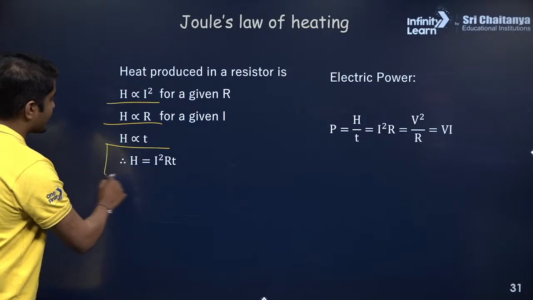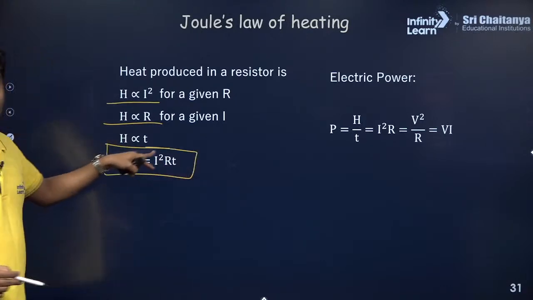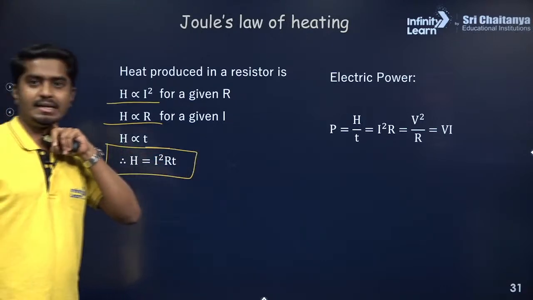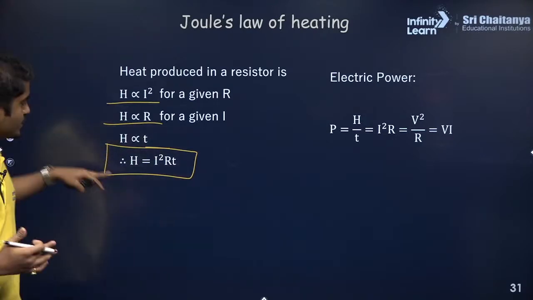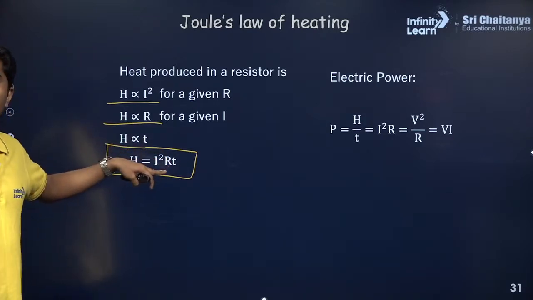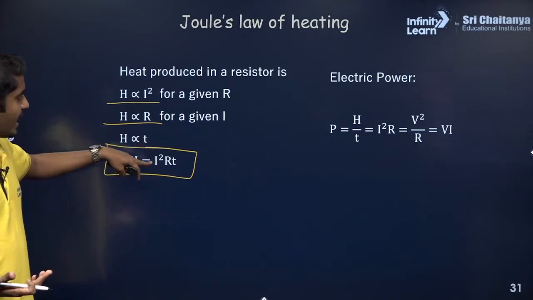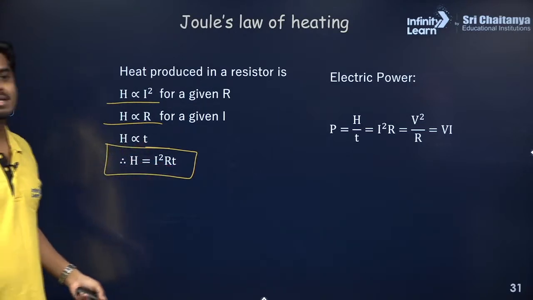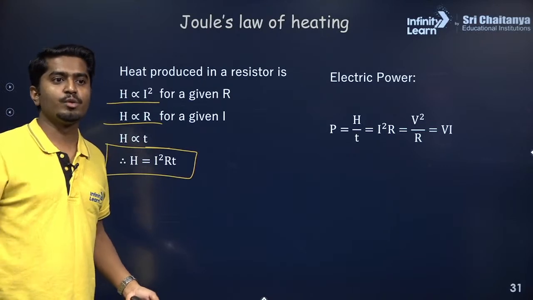So he got this equation, H is equal to I square RT. That is the heat produced in a wire, in a resistor, when the current I is passing through it for time T.